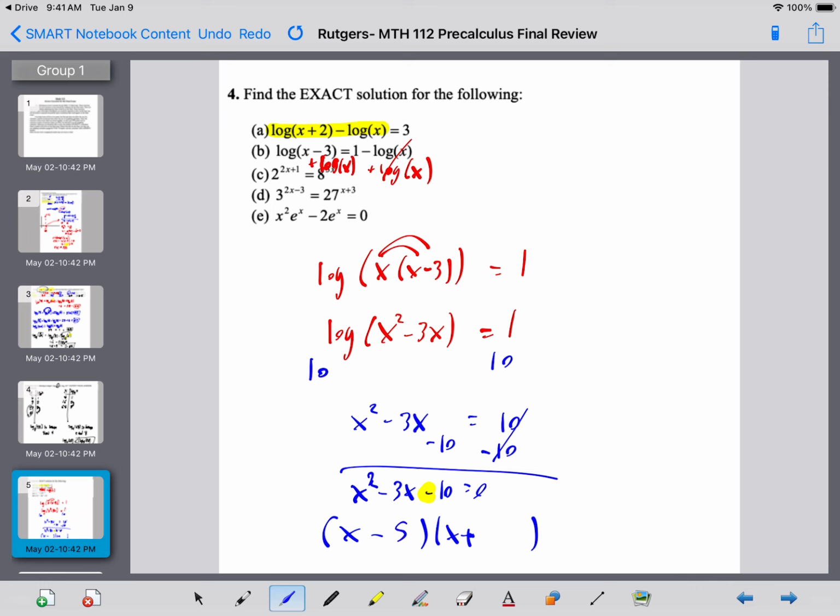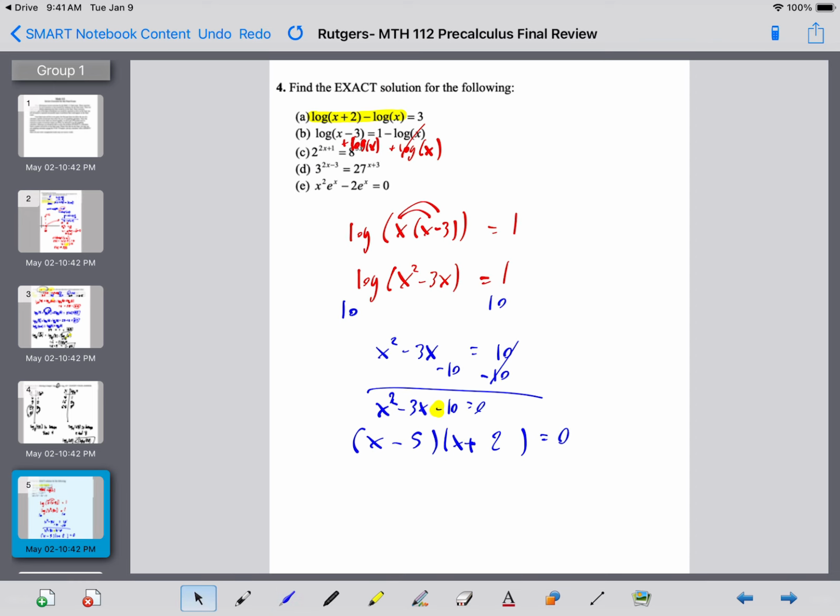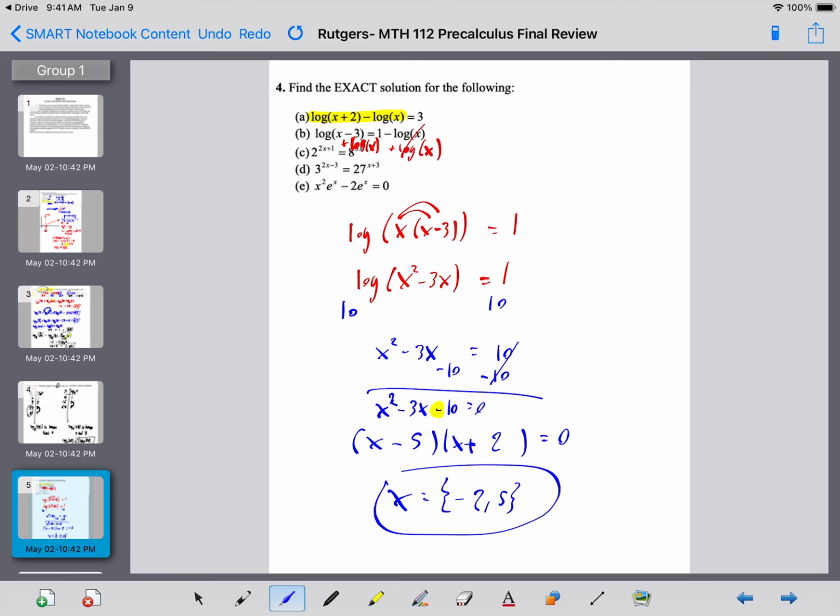So negative 5, positive 2. And your two solutions would be x equals positive 5 and negative 2. Okay. Again, you're just using the same laws that we just practiced. In this case, it was your product law.